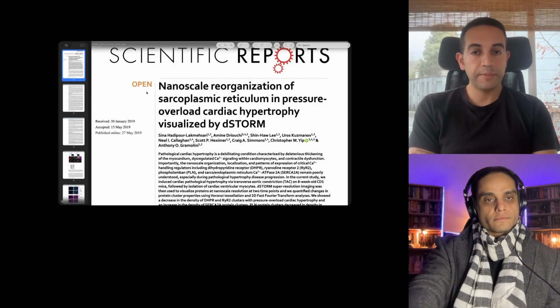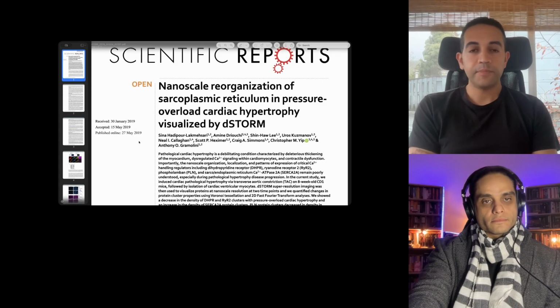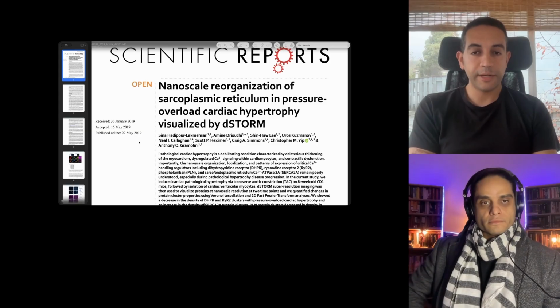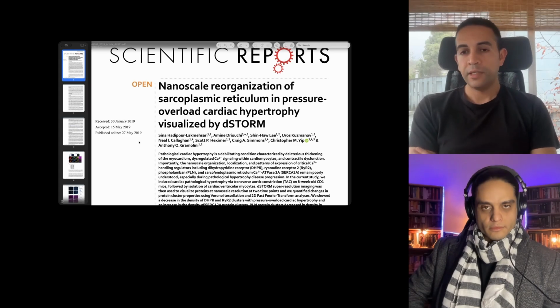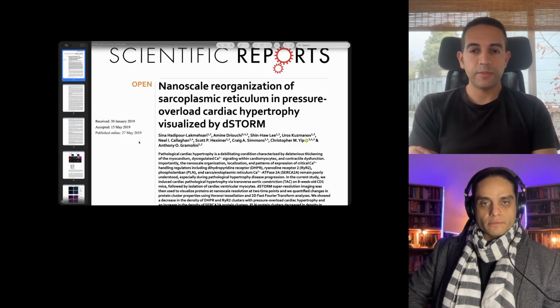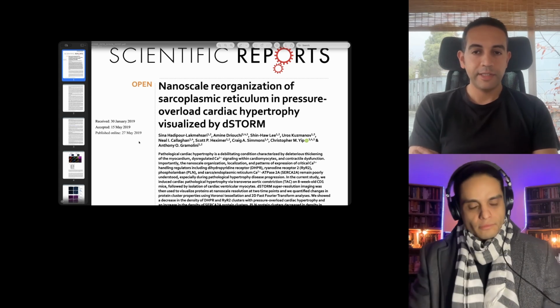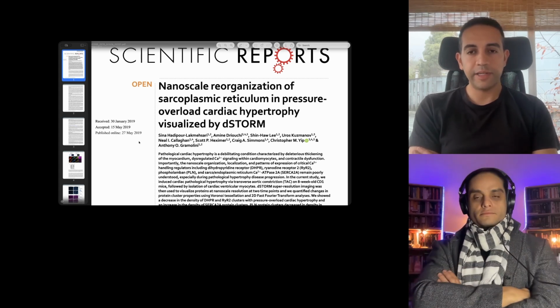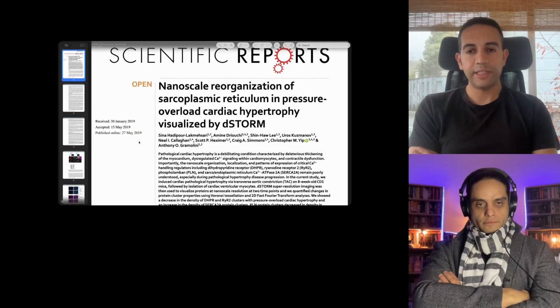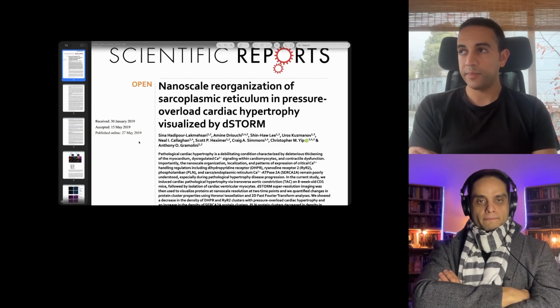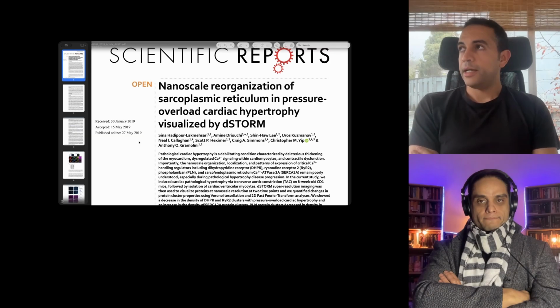So this group came to us and said, you're able to do super resolution microscopy. In this case, D-Storm stands for direct stochastic optical reconstruction microscopy, which is in the same family as photoactivation localization microscopy I talked about earlier, where we use 405 excitation and then bleach out the photoactivatable FP with a 500, 520, or 560 excitation.